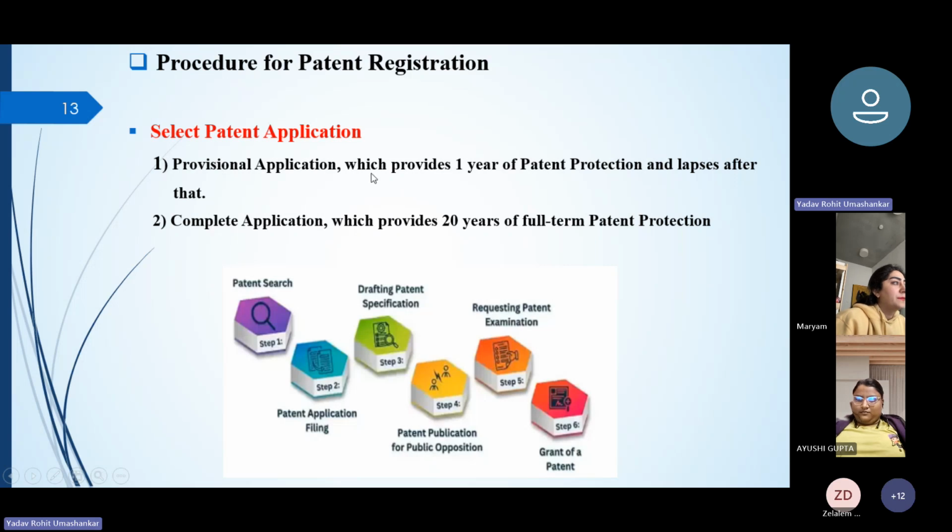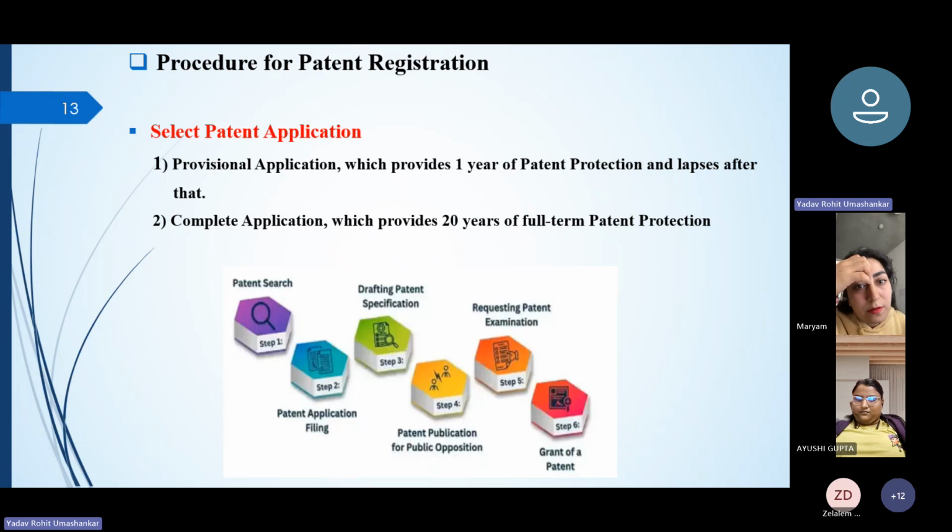This provisional application is generally given to a person who, let's suppose, is not sure whether this patent work will have impact on the market or not. You know that this is a novel invention, and it has some industrial applicability, but you don't know whether it will give full market value, or whether it will give commercialization at the mass level.